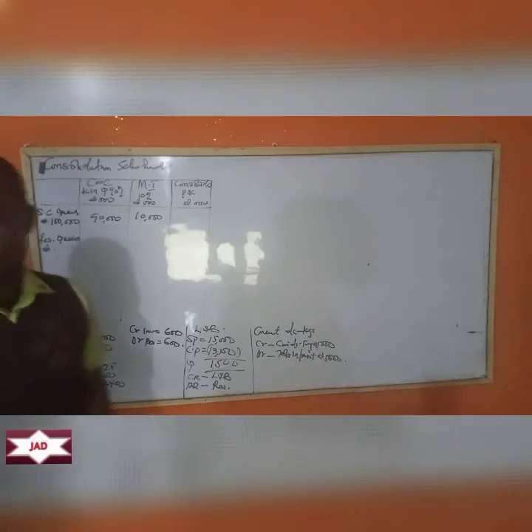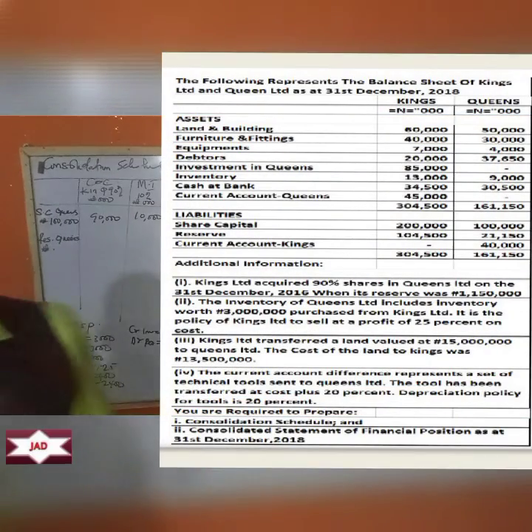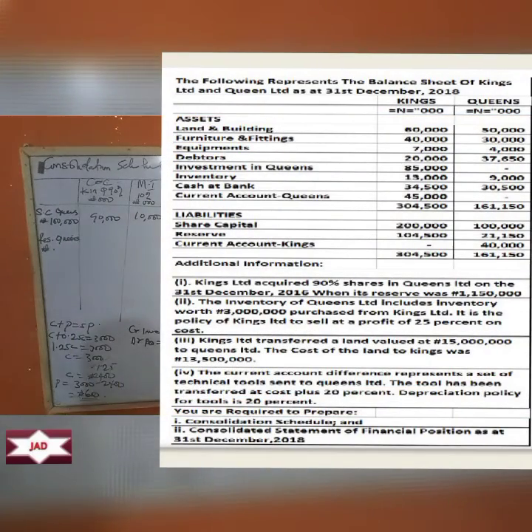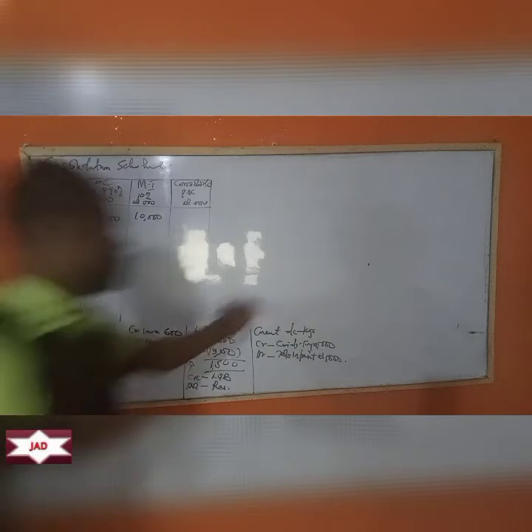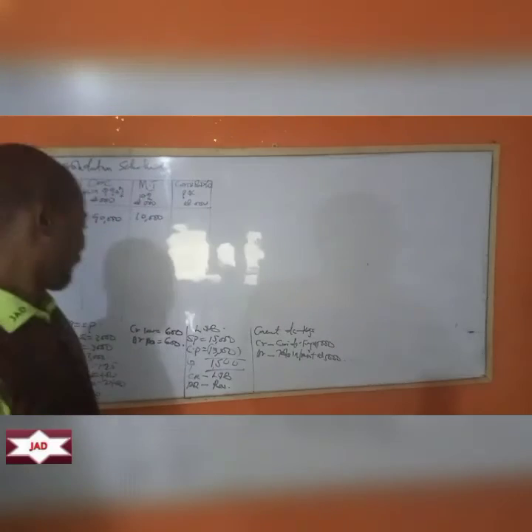Now hear what they are saying. Depreciation policy for the tools is 20%, and that Kings has sold at 20% profit. So that means there's an unrealized profit in this as well.